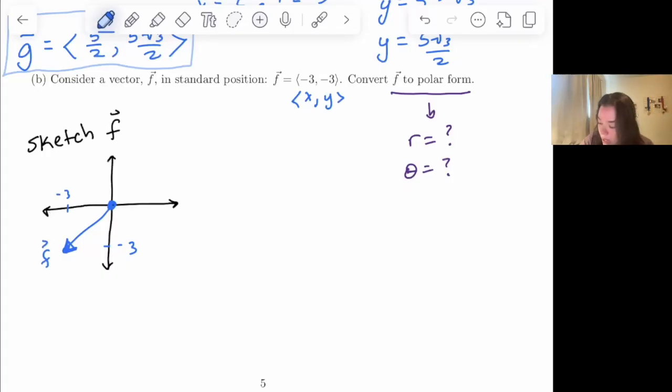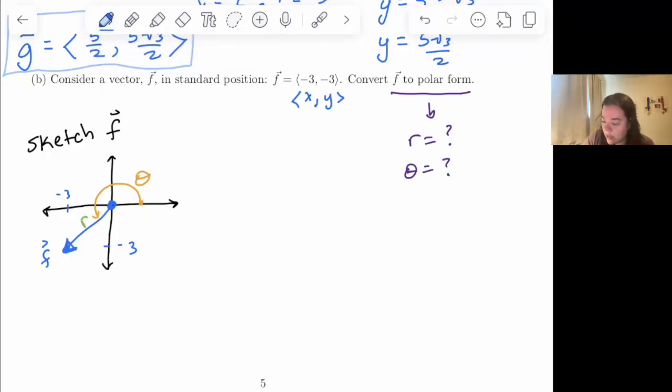And remember, now we're on a hunt for r, which is the magnitude of this vector. And we're on a hunt for theta, which is the angle off the positive x-axis. Those are the components we're trying to find. You could use some right triangle trigonometry to find it, or you could use the conversion factors that were provided.